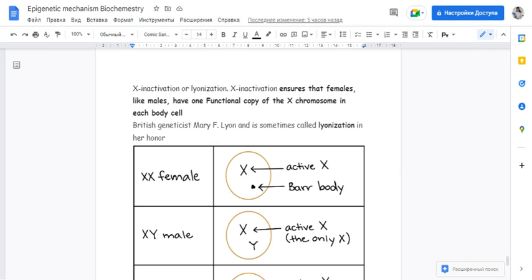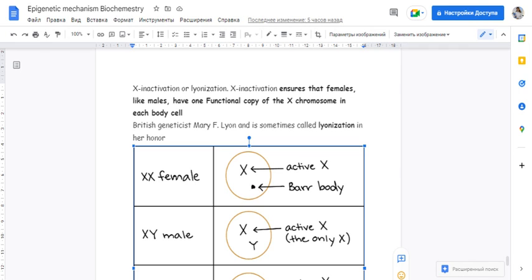And in order to survive, females as well have to have one active. So what we do, we just inactivate one chromosome. And by inactivating it, we form this Barr body I talked about before.